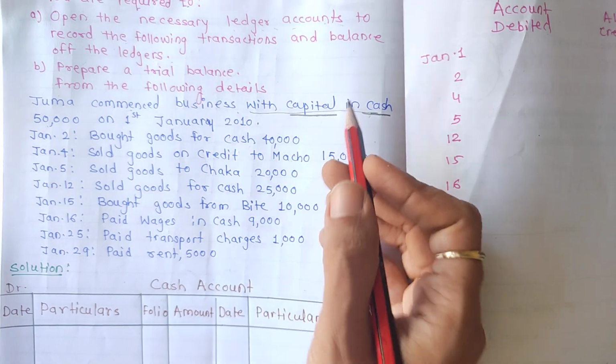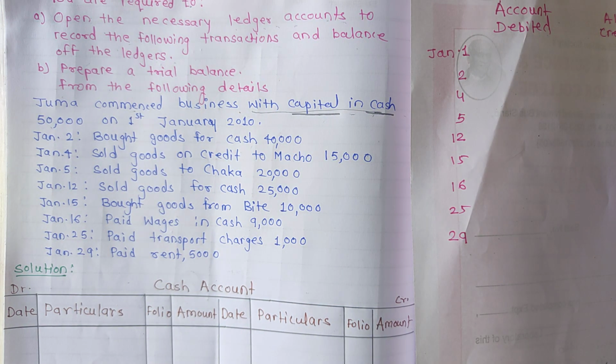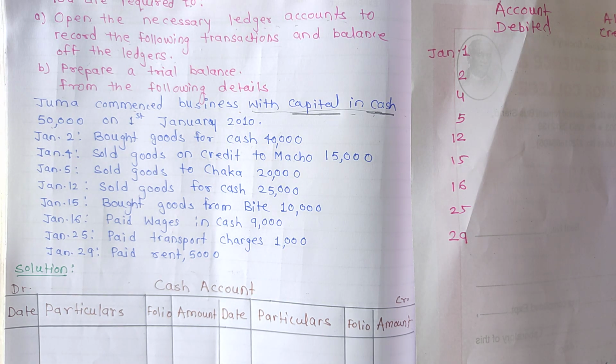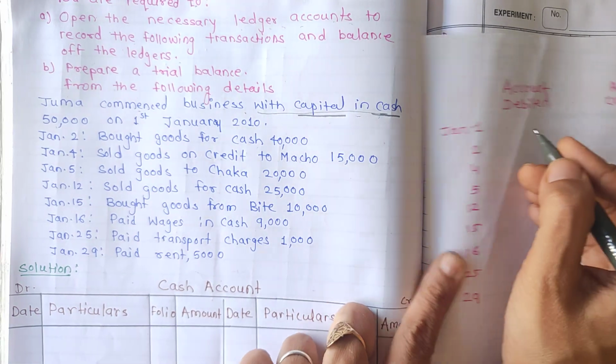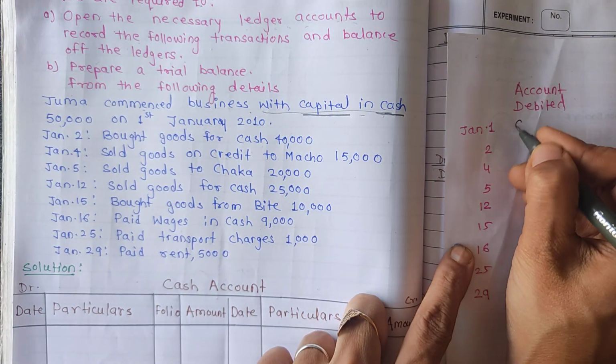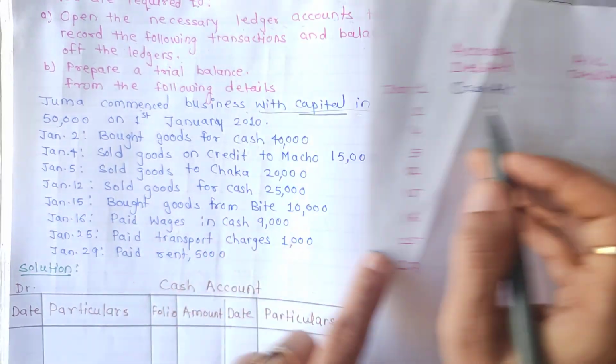Now which account to be debited and which account to be credited? So cash account, as you know, it is a real account. So real account rule says debit what comes in. So as cash is coming in the business, so for the 1st January entry, cash account should be debited.